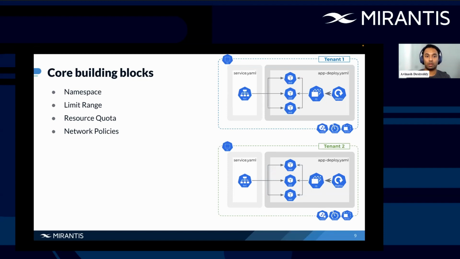The diagram here on the right refers to it, where in tenant one, we can say the blue tenant is assigned a specific namespace, and all the objects that are created, like services, pods, and deployments, are present inside this specific namespace.